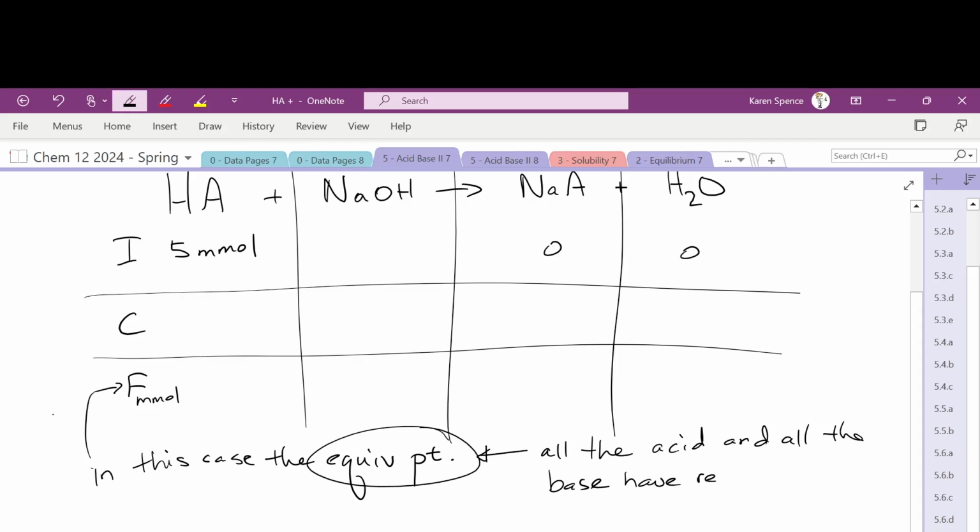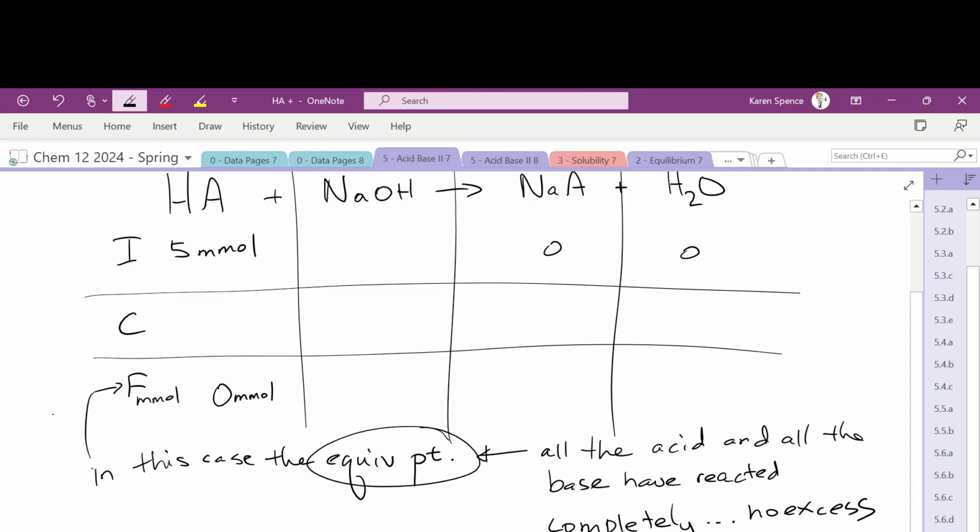All gone. So at the equivalence point, how much HA should we have left? We should have 0 millimoles left, yes? Because we've used it all up. That's the whole point of the equivalence point.